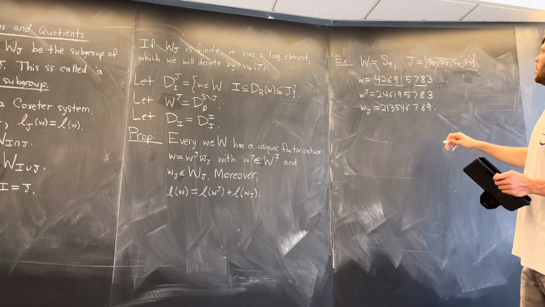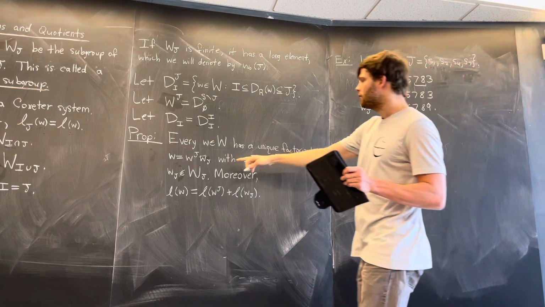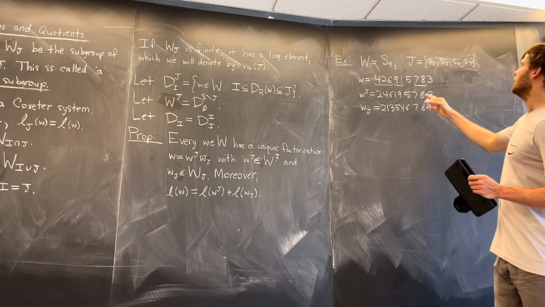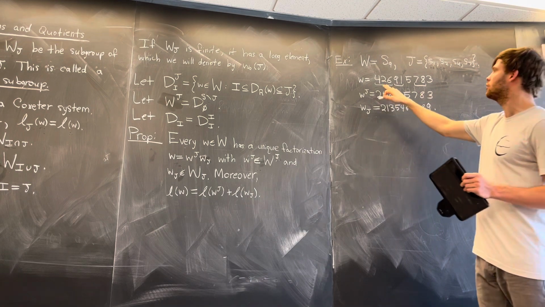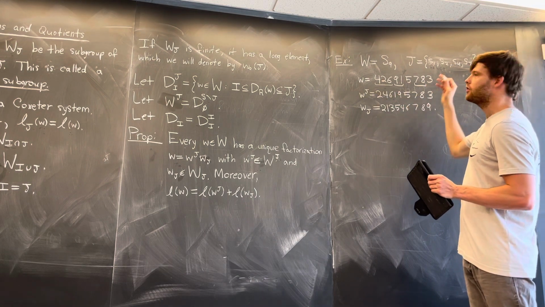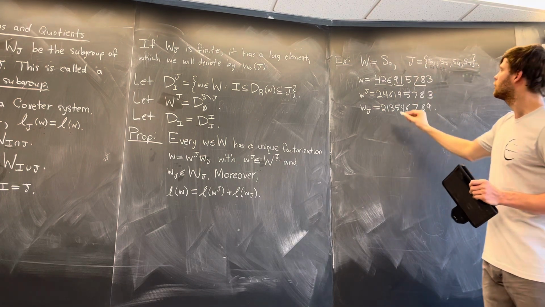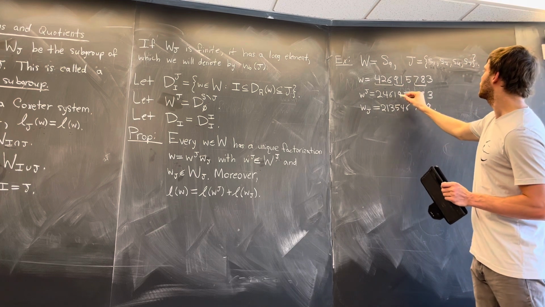And I want to find my w superscript J so that none of its right descents are in this set. In order to do that, I basically just have to put the numbers within each of these blocks into increasing order to get rid of the descents in those positions. So I put this in increasing order to get 2, 4, 6. I put that in increasing order to get 1, 9.